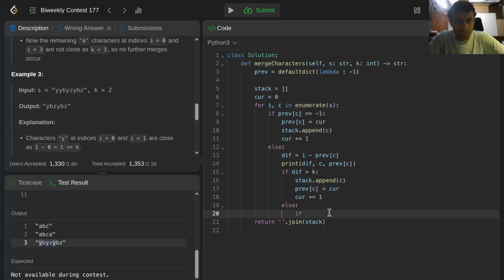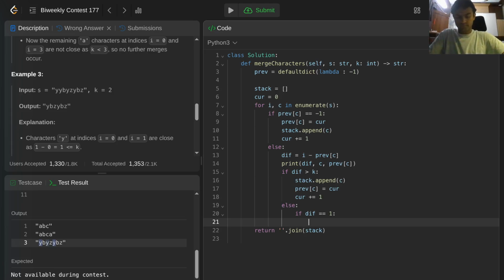So if diff is equal to 1, if c was equal to 1.